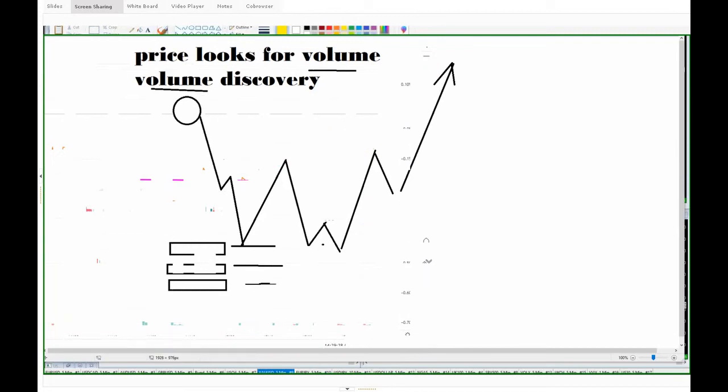Let's take a look at the Nasdaq to see if this makes any sense to anybody as well, since Gene's mentioning the Nasdaq. They're just in the pre-market there.